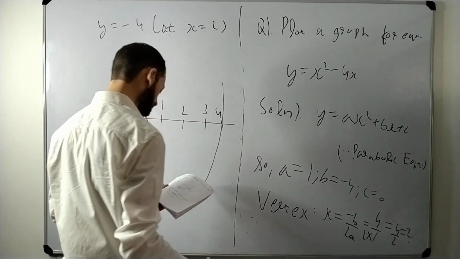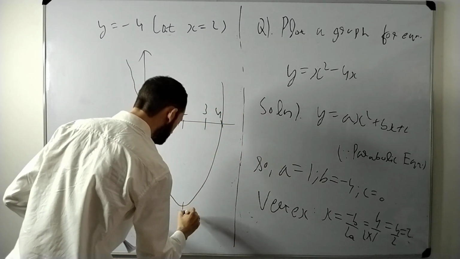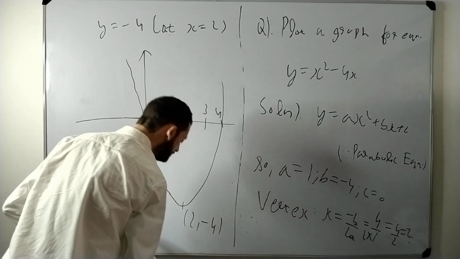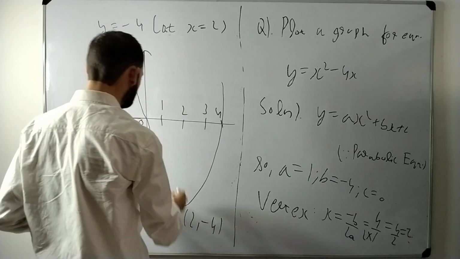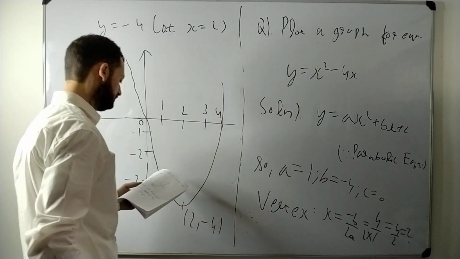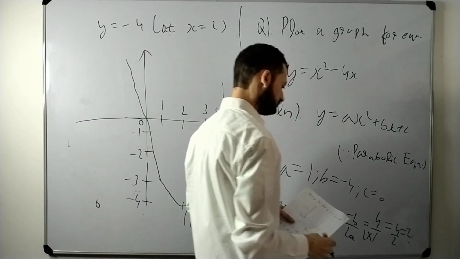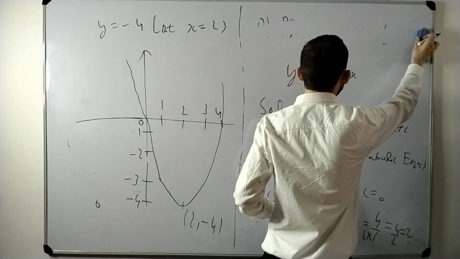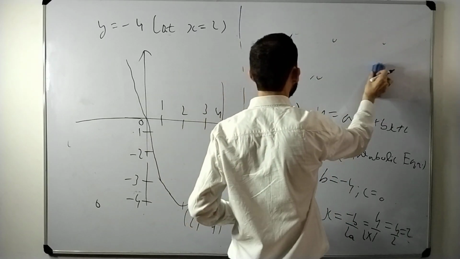So this is the vertex point, the turning point of the graph. It is going towards the negative and then to the positive. So the numerical part happens to end here, students.